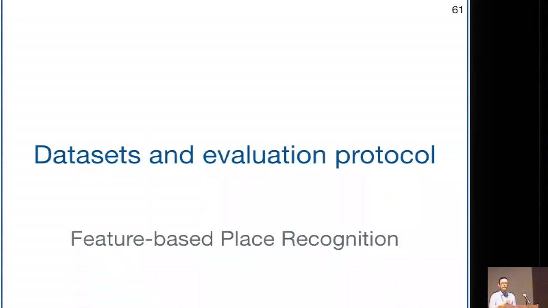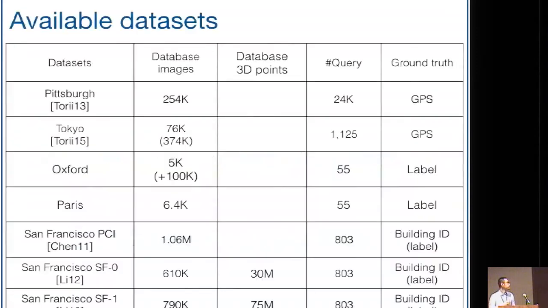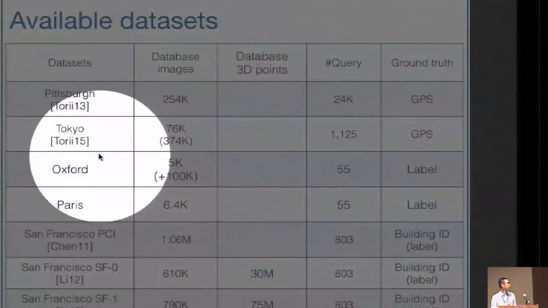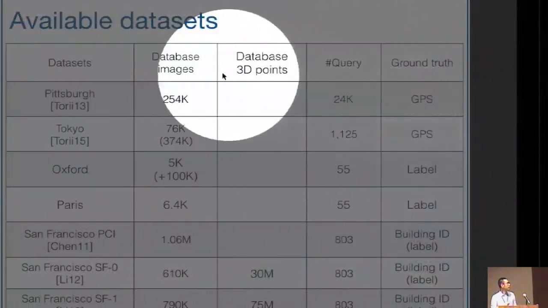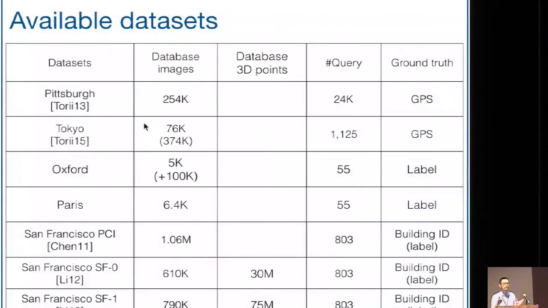So as the last topic of this session, I'd like to introduce some datasets available for the benchmarks and standard evaluation protocols. There are quite a lot of benchmark datasets, and as I just explained, we prepared this Tokyo dataset, which is quite challenging. The size is not very large, but the query images have these illumination changes.